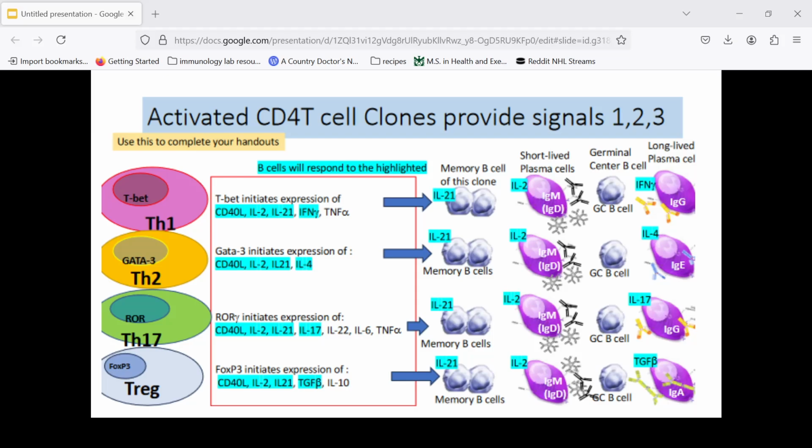This is where it's like natural selection. We start out with a big population, and then we select for the ones that bind best to our follicular dendritic cell.